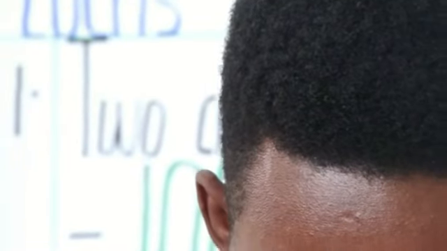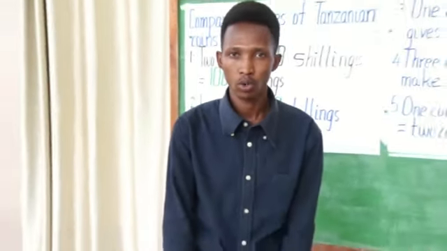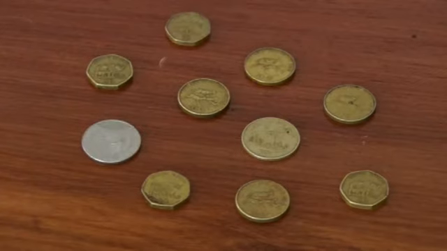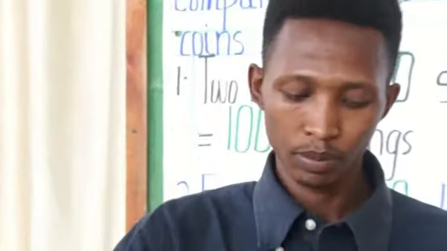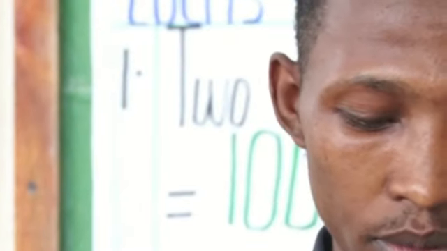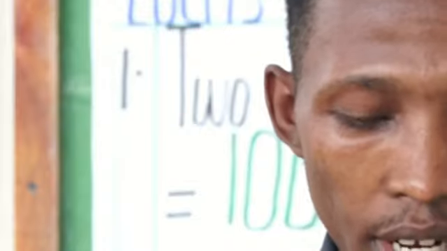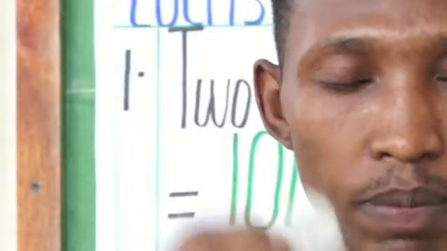So, in coins of Tanzania that are used much at this time, we have almost 4. As I've already shown you: 50, 100, 200 shillings, and 500 shillings.